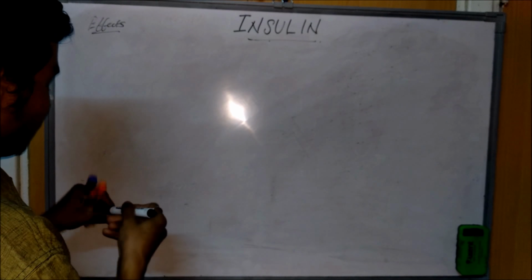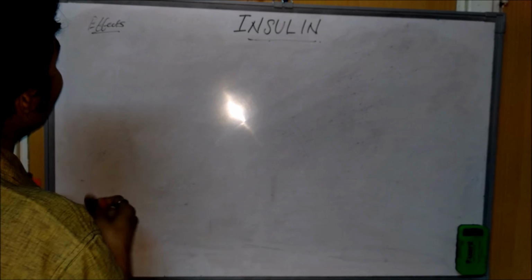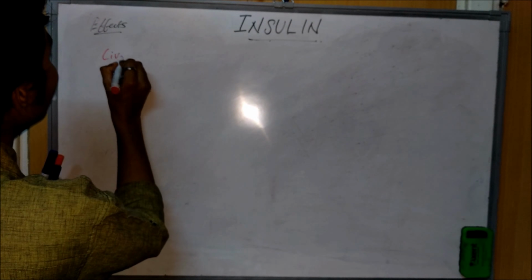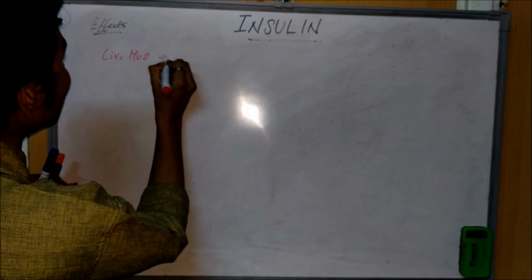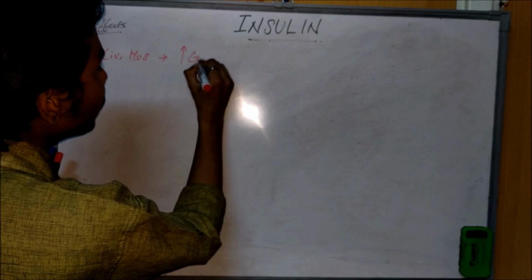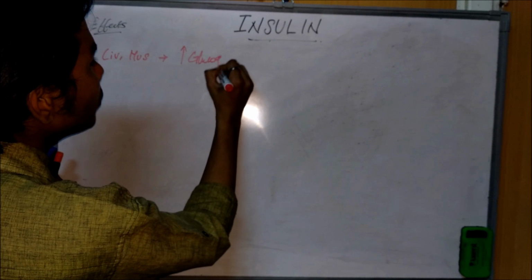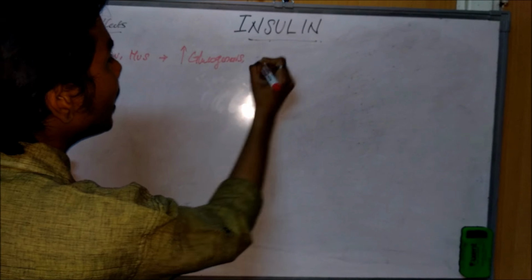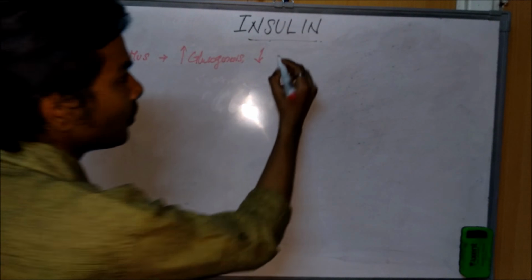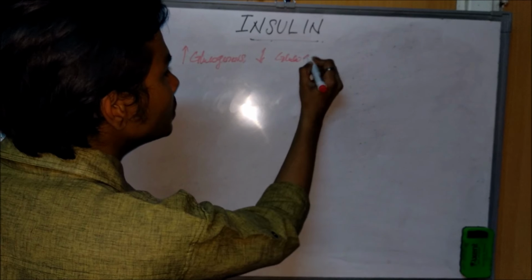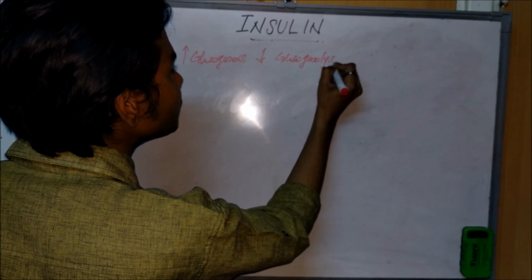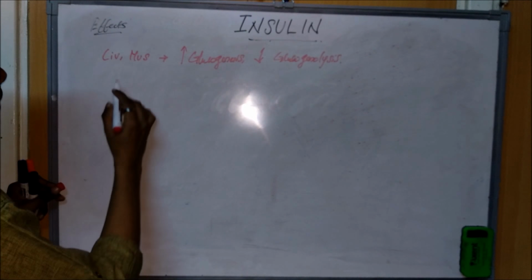Effects in the liver and muscles: there will be an increase of glycogenesis, and a decrease of glycogenolysis.